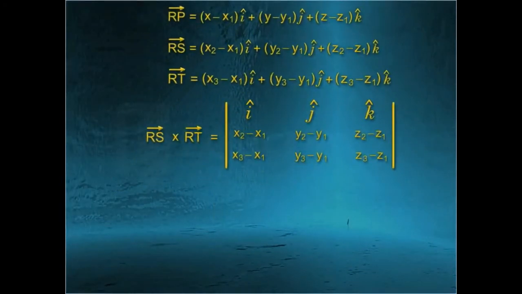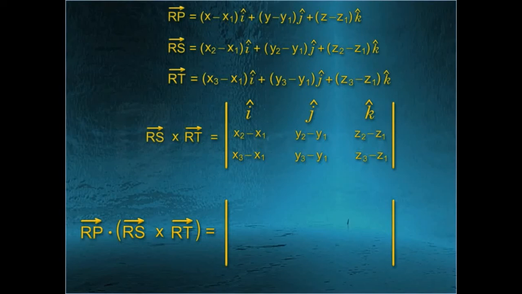Now, the dot product of vectors RP and RS cross RT is given by the determinant in which elements of the first row are x minus x1, y minus y1, z minus z1. Elements of the second row are x2 minus x1, y2 minus y1, z2 minus z1.